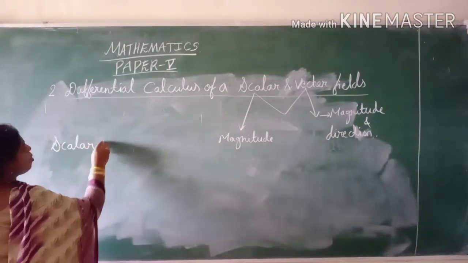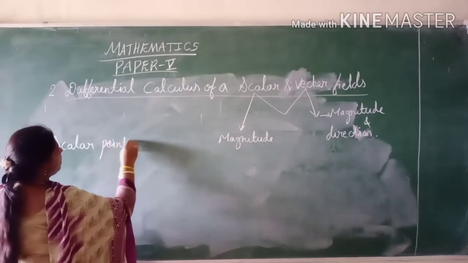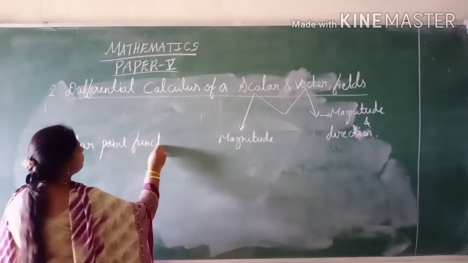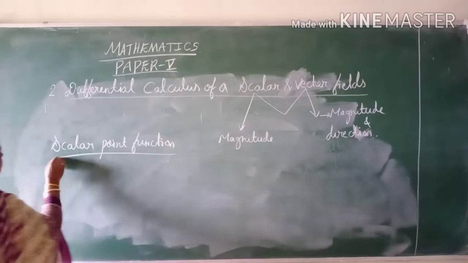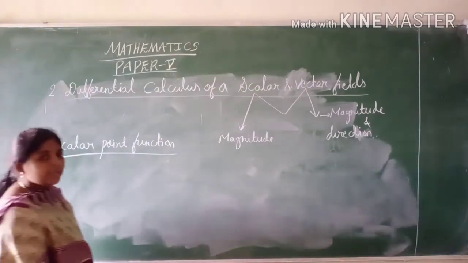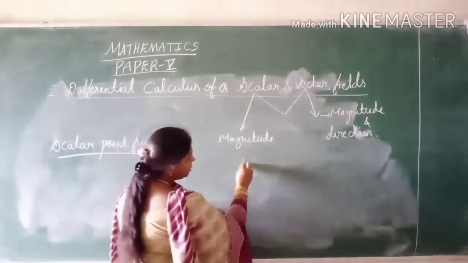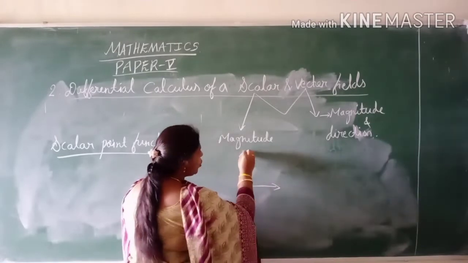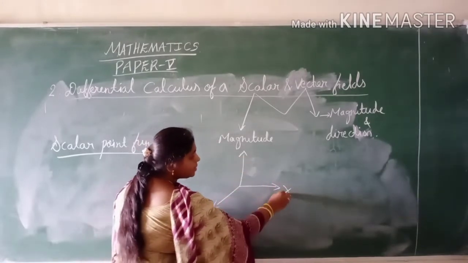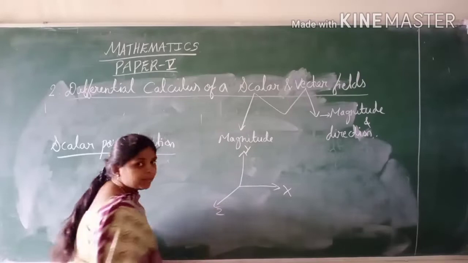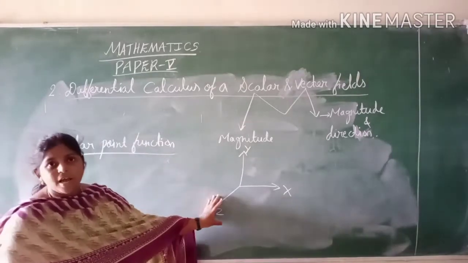Scalar point function. You know the three-dimensional space, that means the coordinate axes x, y and z. Clear? This is a three-dimensional space.